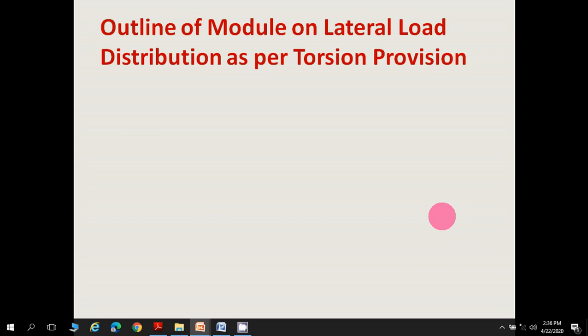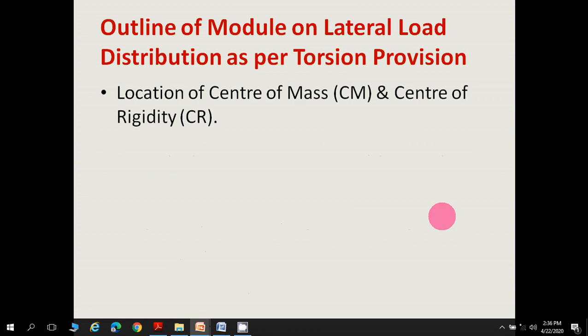So in such a structure, how the lateral load is distributed as per the torsional provision. In this module we have studied how to find the location of the center of mass and center of rigidity, because first we have to know their locations.